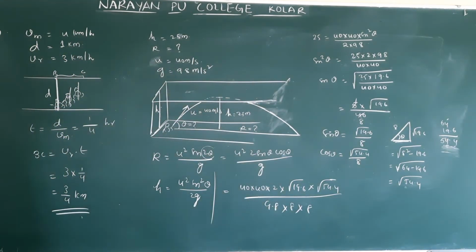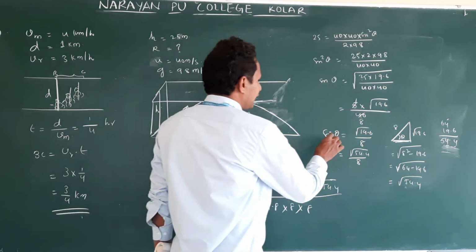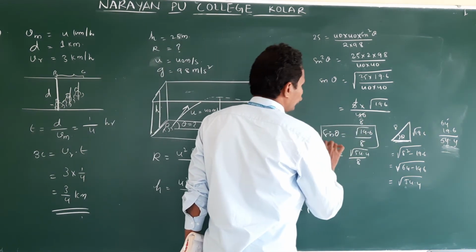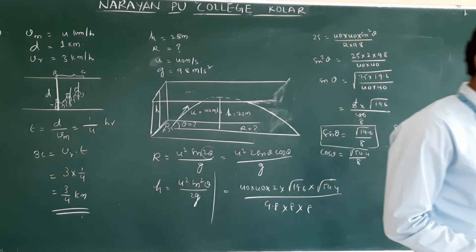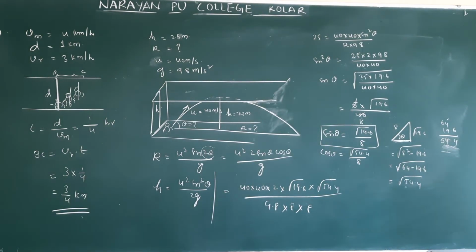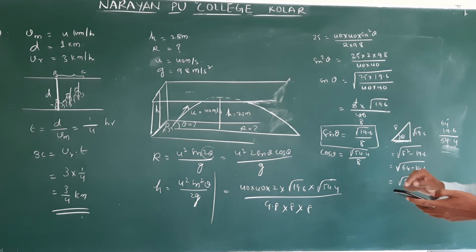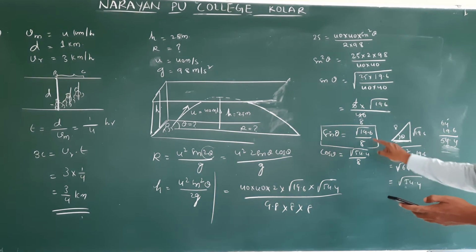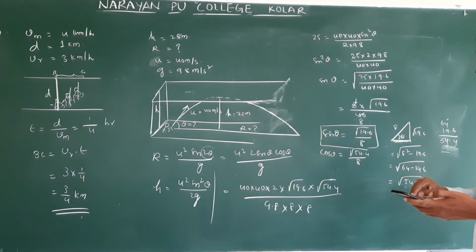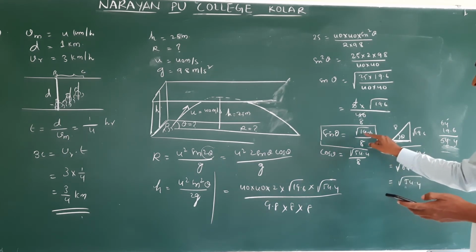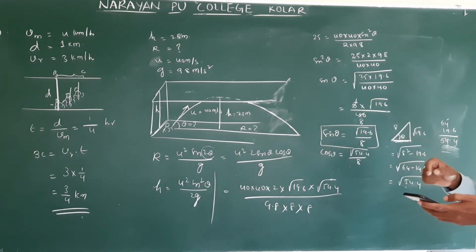This is one way. Second method is finding theta directly. How do you find this? This we will find using sine table. First we will try to find out this value. So root 19.6 is there, that's why I am using a calculator. Otherwise, if it is 196, then we will get a direct answer. Clear?